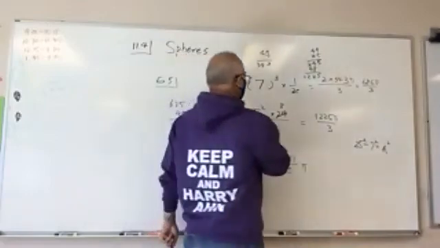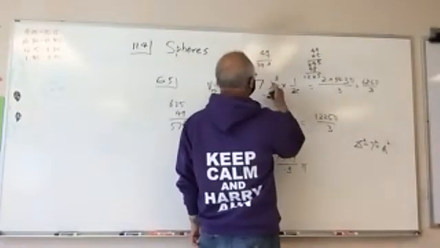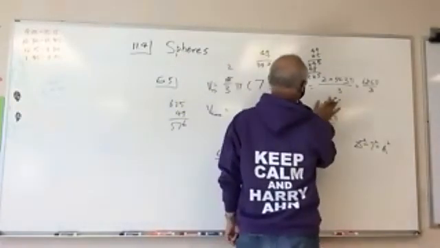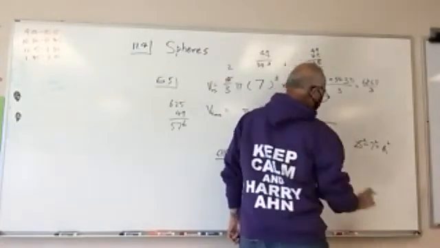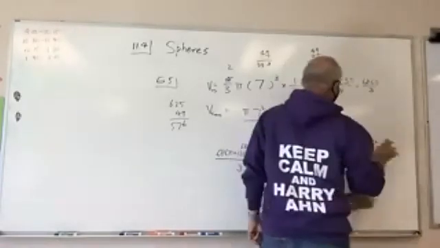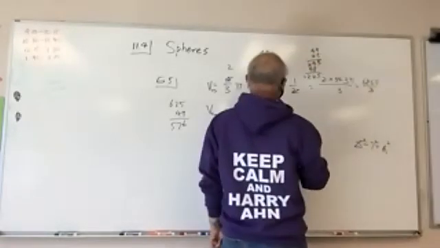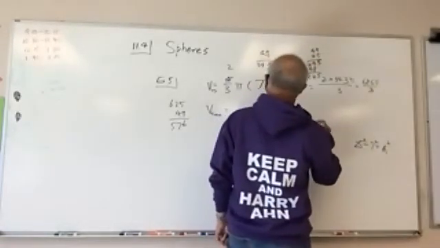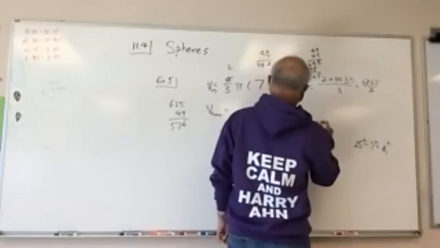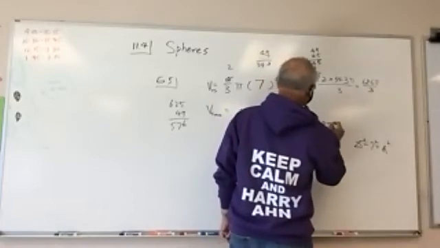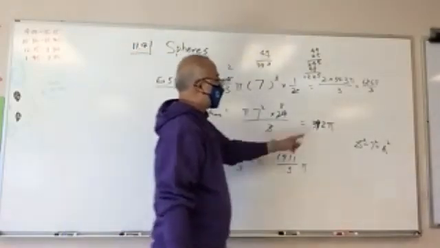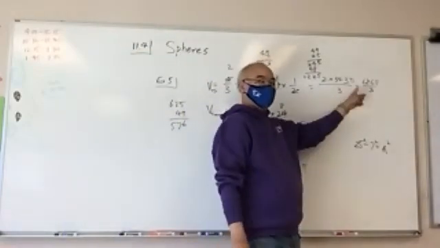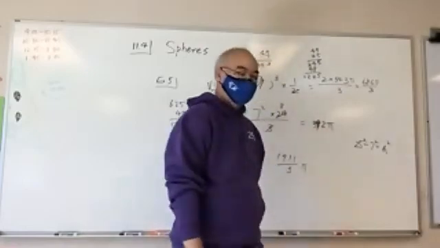So it's 49 times 8. So it'd be 392 pi. You would add these two together. Okay? Yeah. Good catch, thank you.